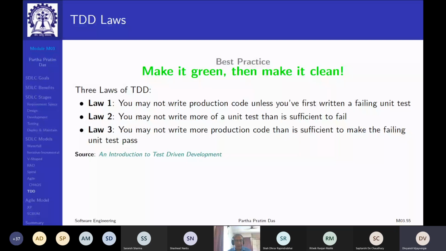So TDD's philosophy primarily says you may not write production code unless you have written a failing unit test. Test first. You may not write more of a unit test than is sufficient to fail. Just don't write a whole lot of tests. Just write as much test as is required for the failure. You may not write more production code than is sufficient to make the failing unit test pass.